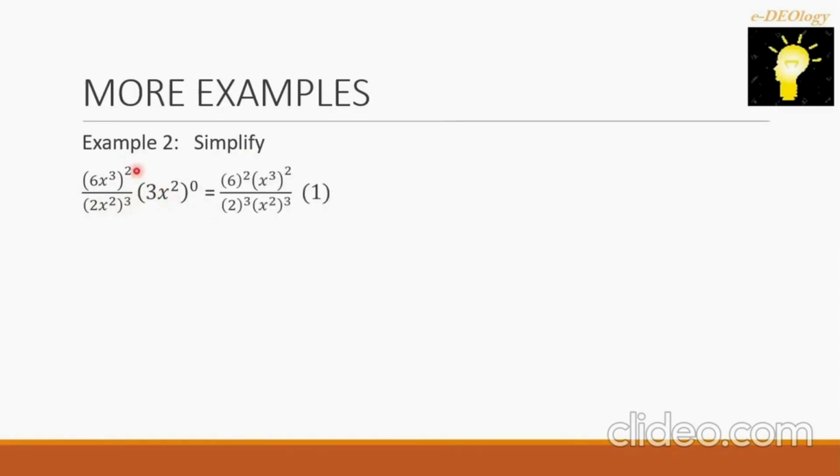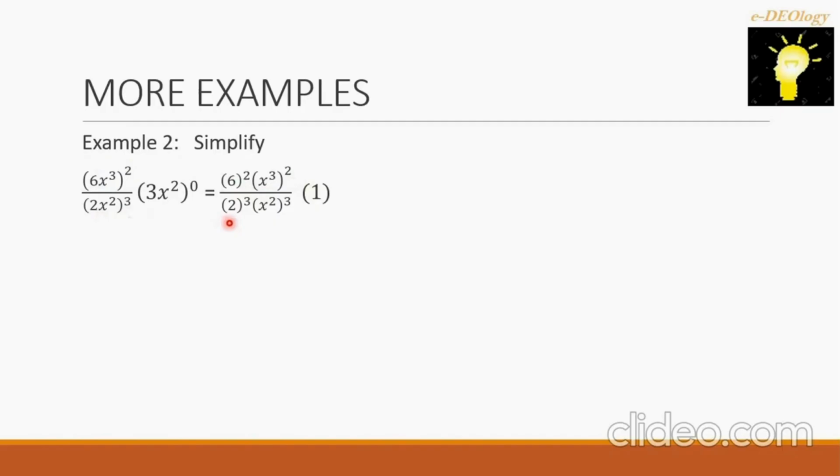For the next step, in the numerator of the fraction, the power 2 will be distributed to the 6 and to the x cubed. As you see here, the 6 is now squared, the x cubed is also squared. In the denominator, the power 3 is distributed to number 2 and also to the x squared.